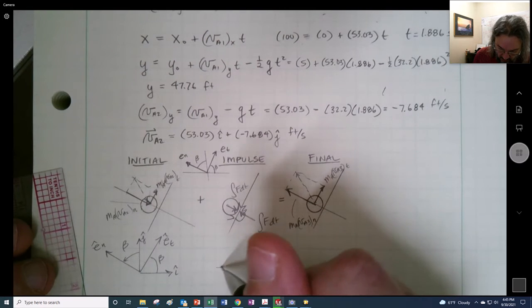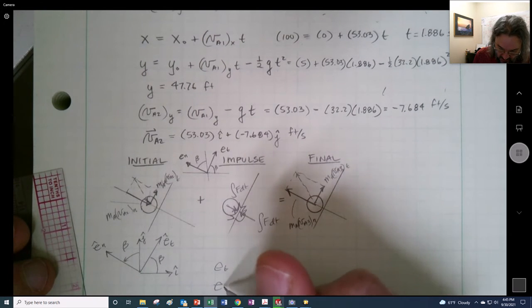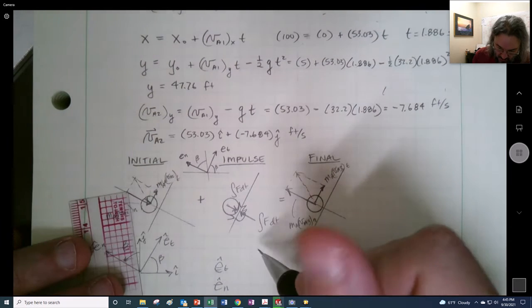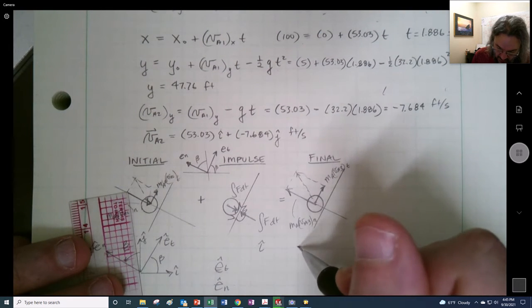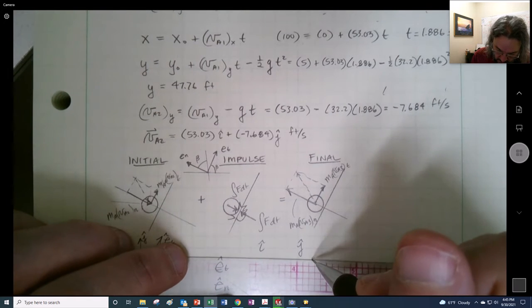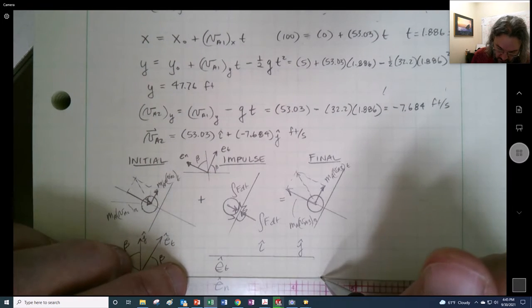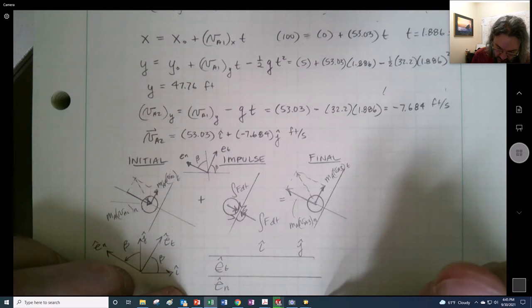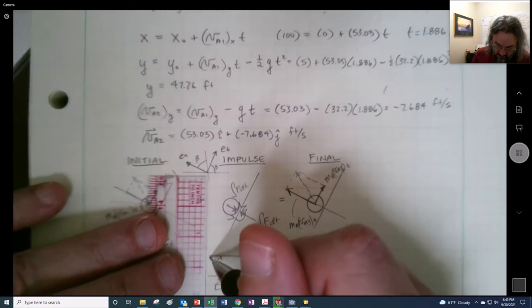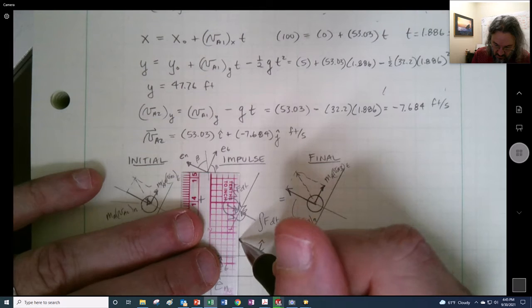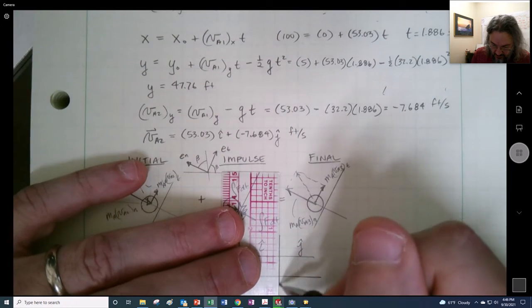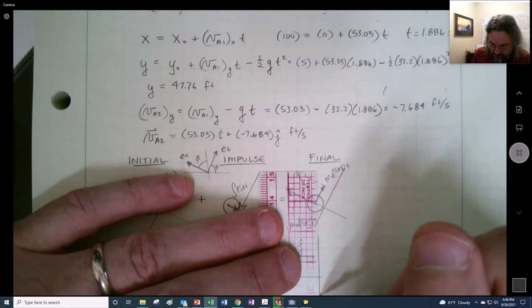So we're going to go ET and EN. And here's our I, and here's our J. I didn't make these as neat as I could have, because I'm tired, I think.